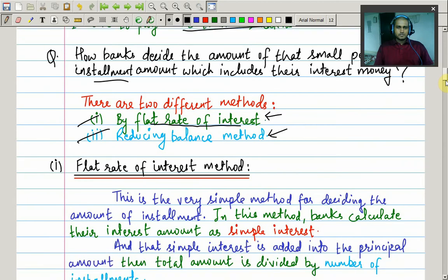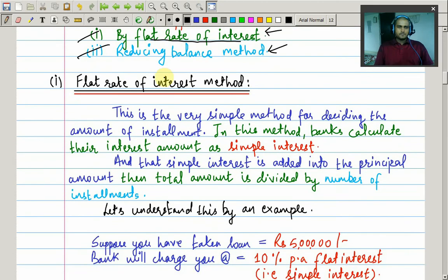So let's get into the flat rate of interest method, how to find the amount of EMI by this method. This is a very simple method to decide the amount of installment. In this method, banks calculate their interest amount as simple interest. So they are just going to calculate the interest on 25 lakhs by using simple interest formula.